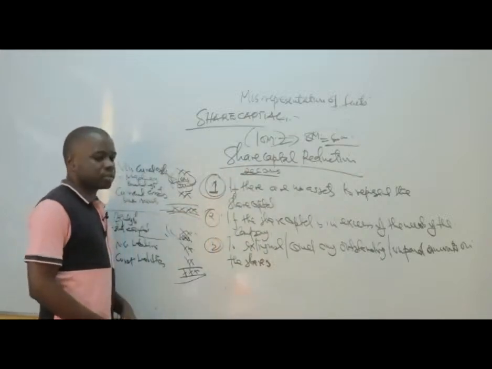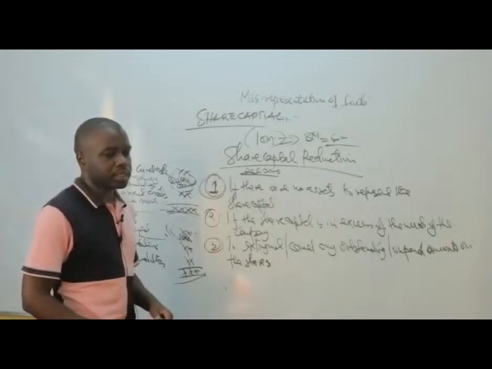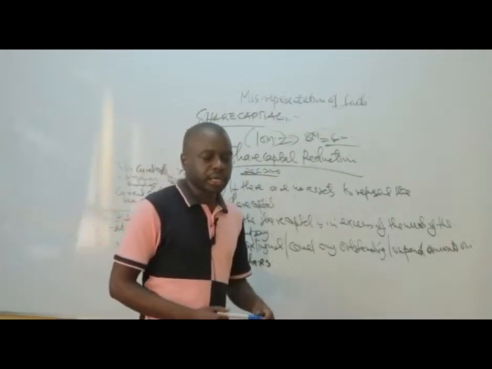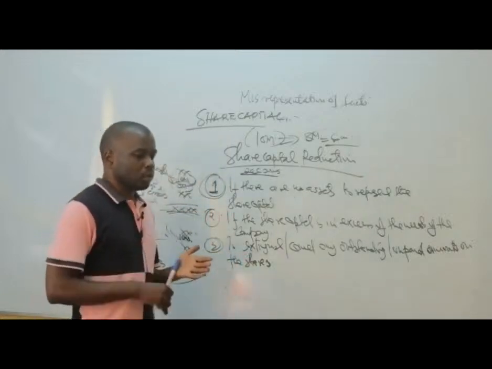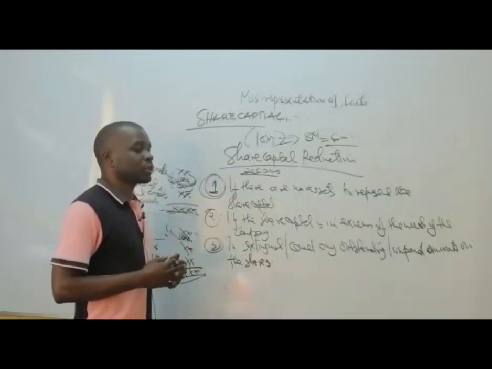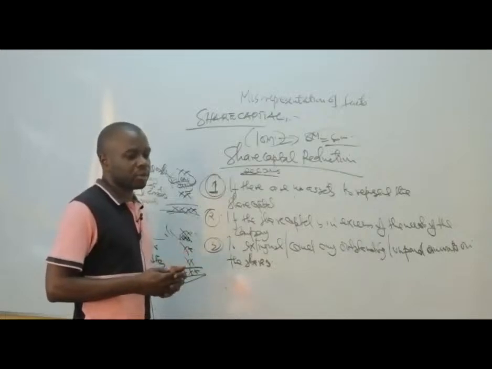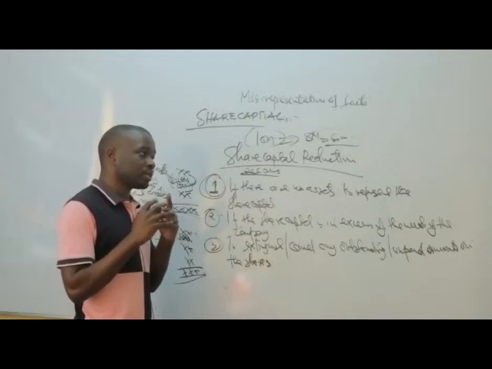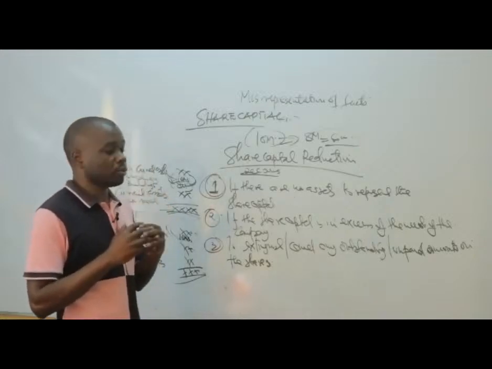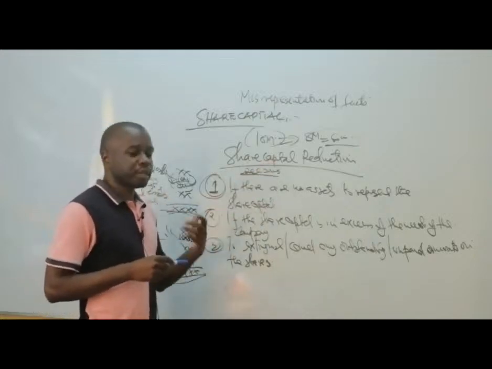So those are part of the reasons why the company will decide to do a share capital reduction. There is normally a procedure that is followed when the company is to do a share capital reduction. They don't just wake up and say we are going to do a share capital reduction, because as I've told you, the company should actually always maintain its share capital. So once they are reducing, they are not maintaining.